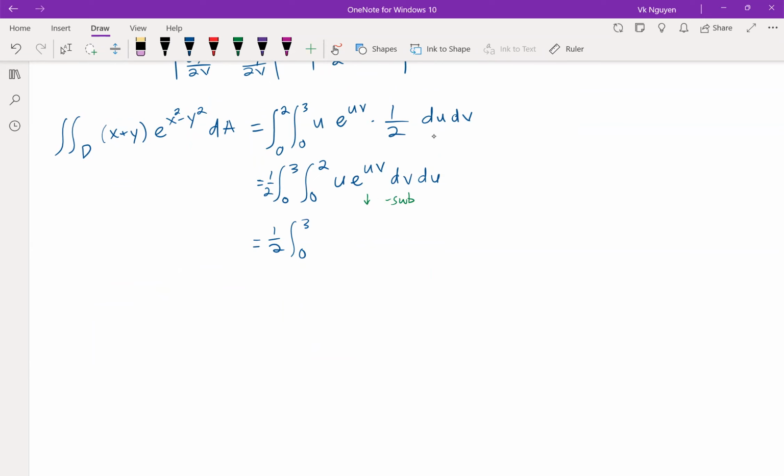We already have the u here. I'm going to do the t-sub here. So this is going to be u times 1 over u, the derivative with respect to v, so e to the uv.